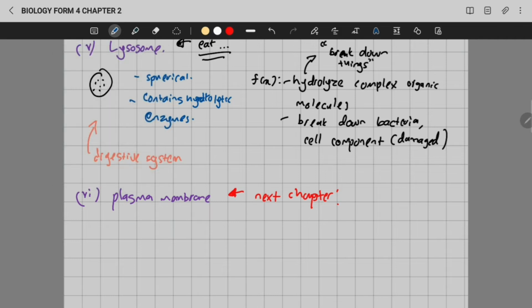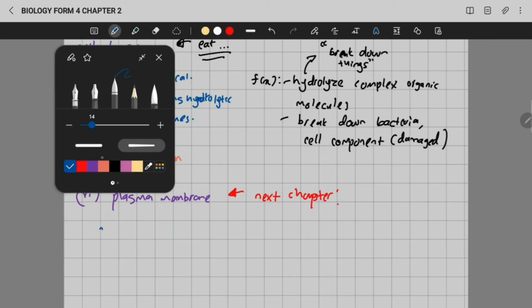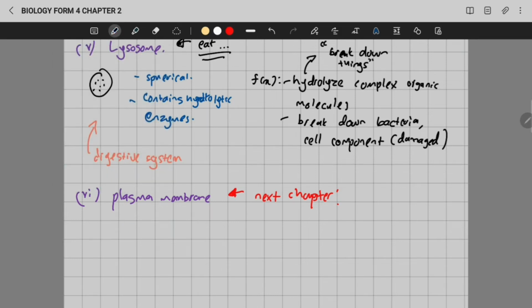We have the head and the tail. Draw. No need to stress about the structure. If they ask you to draw the plasma membrane, you will draw like this. But I think in the next chapter you will learn more detail about how to draw it, or how the plasma membrane shape actually is.